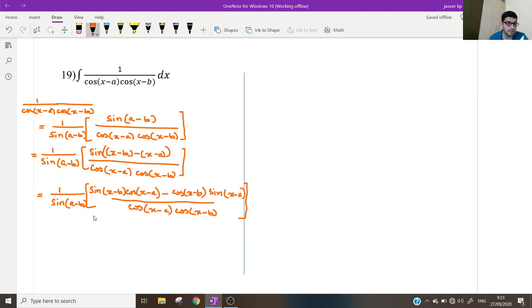This is the reason why we are multiplying and dividing with sin a minus b. Now the numerator we got in terms of both sin and cos.